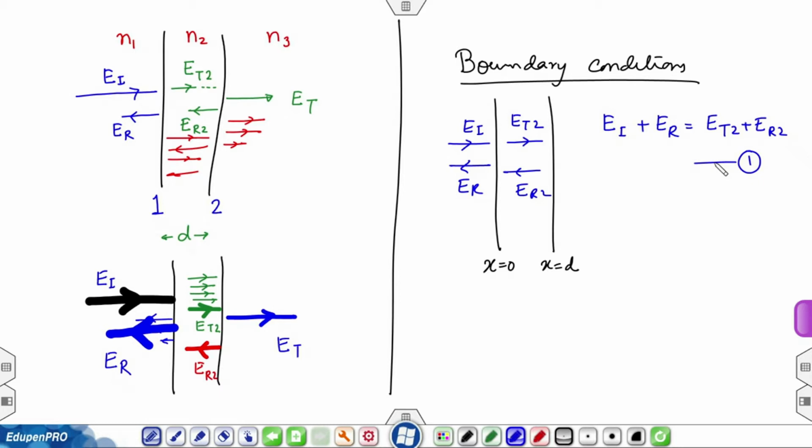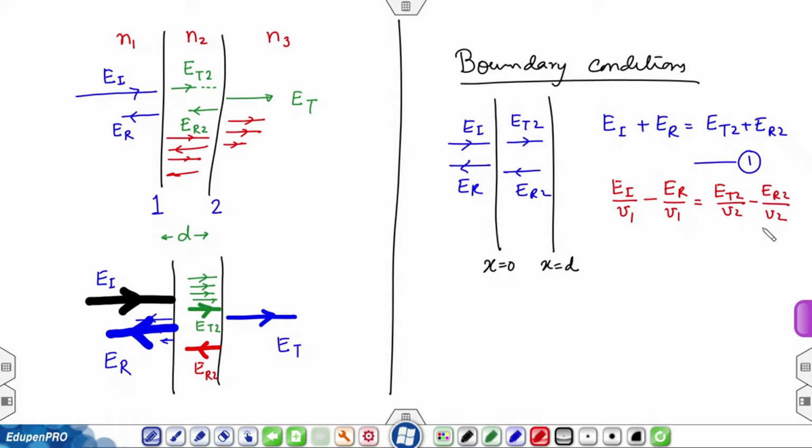The other equation would be for the magnetic field, which says that EI over V1 minus ER over V1 is equal to ET2 over V2 minus ER2 over V2.